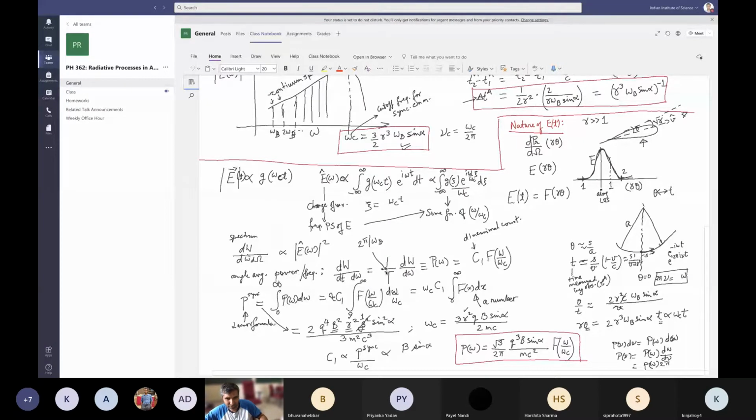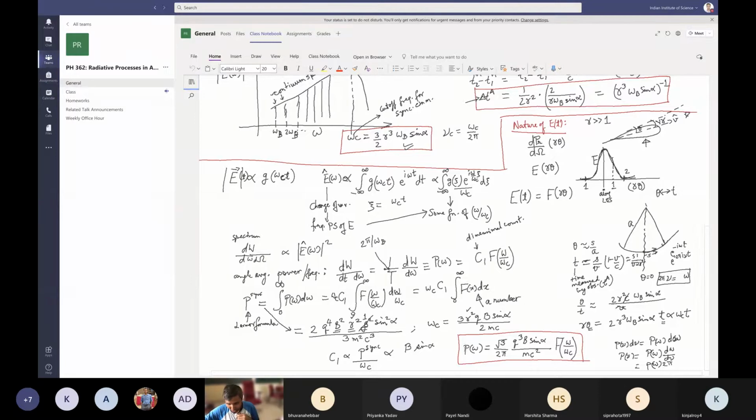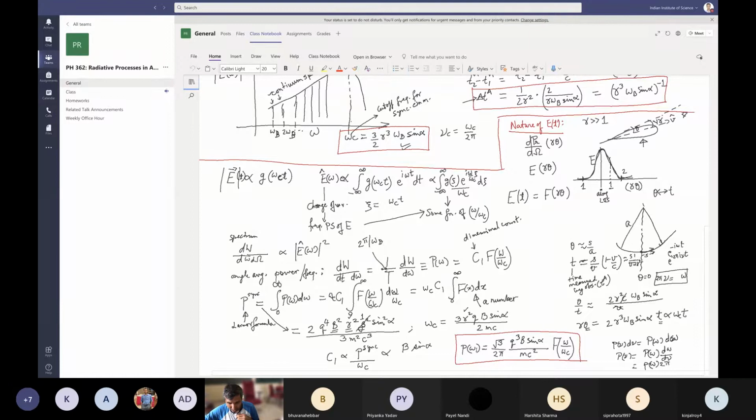You have to divide by 2 pi by omega b, and the end result is that the power, or energy per unit time per unit frequency, is dependent on omega only through omega by omega c, where omega c is gamma cubed omega b, or omega c is proportional to gamma squared B.